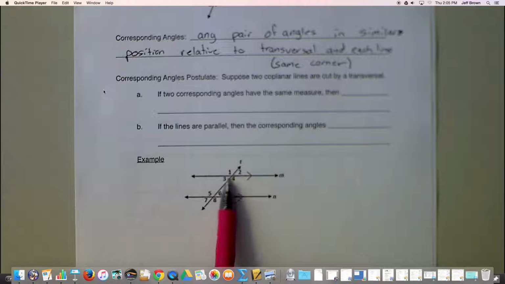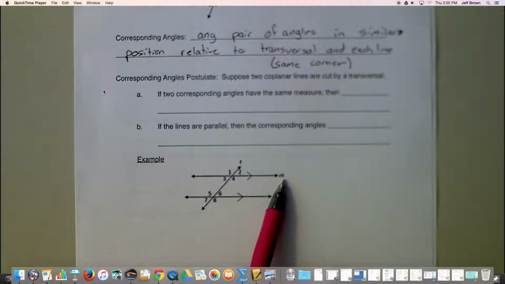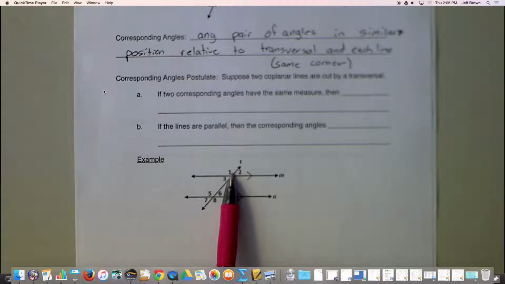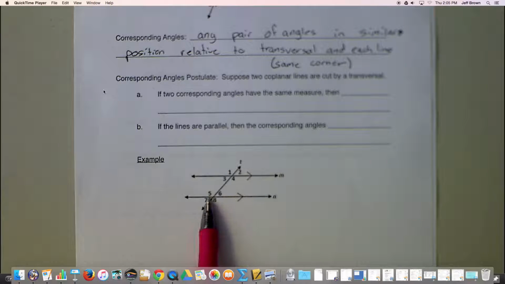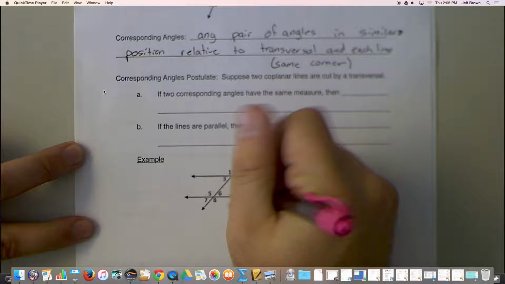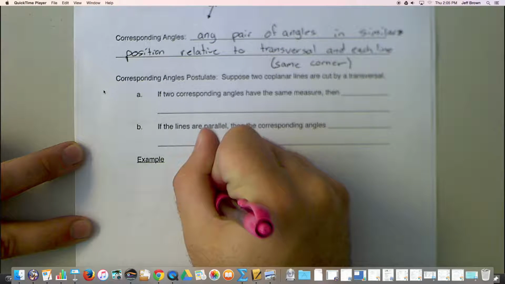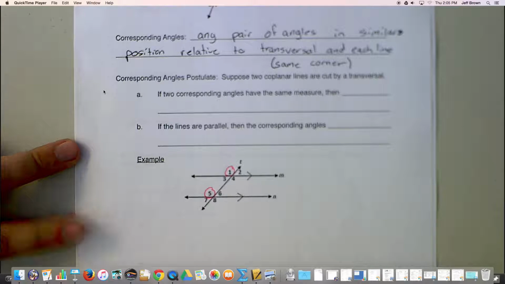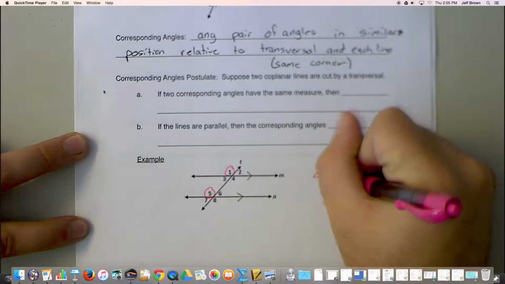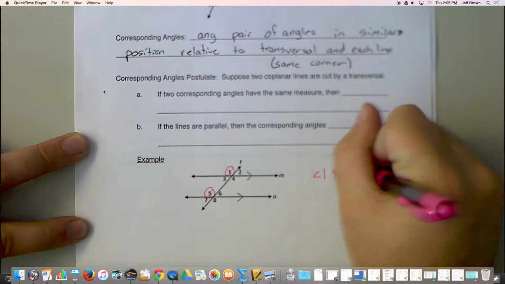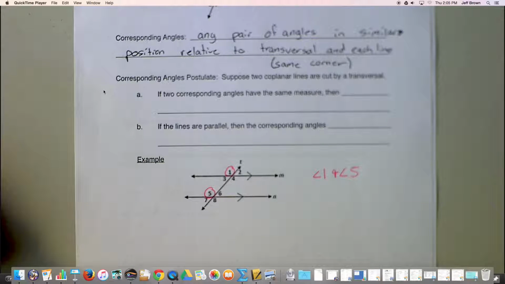So angle 1 is up here on the top where T intersects M. And it's kind of in that upper left position. In the upper left position on the bottom, we have angle 5. And so angle 1 and angle 5 are an example of corresponding angles.